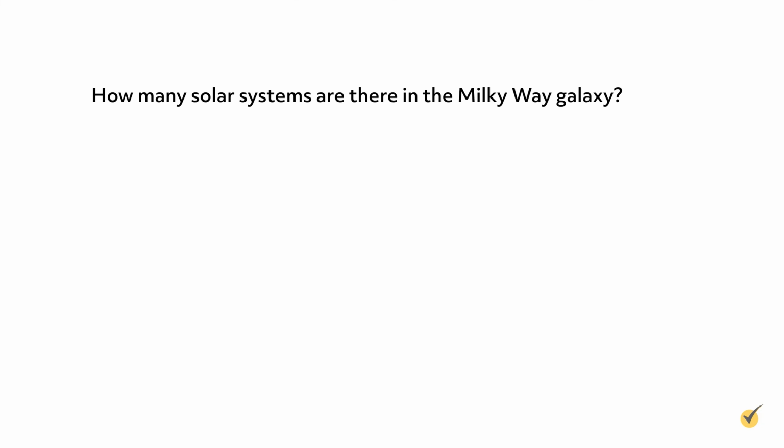Number 1, how many solar systems are there in the Milky Way galaxy? A, 3,200, B, 8, C, 1, or D, 80?